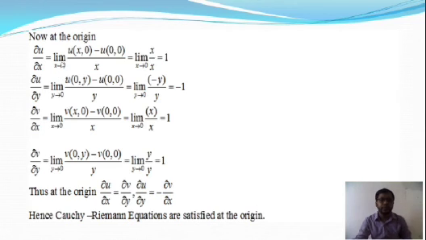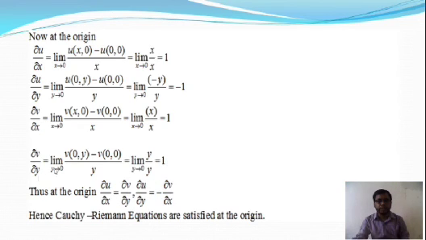Next we are looking for the differentiability and the Cauchy-Riemann equations. Now at the origin, del u del x is equal to, after cancelling the x, 1, and del u del y is equal to, if we put x is equal to 0 in the given expression, minus 1. del v del x is equal to, this is the mathematical expression of partial differentiation, 1, and del v del y is equal to limit y tends to 0 of (v(0, y) minus v(0, 0)) by y, which is equal to limit y tends to 0 of y by y, which is 1.